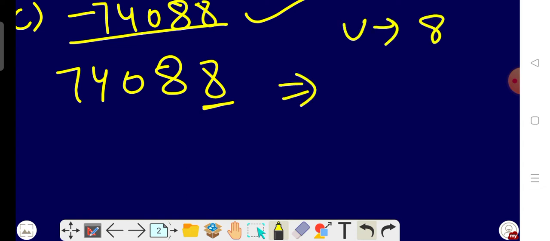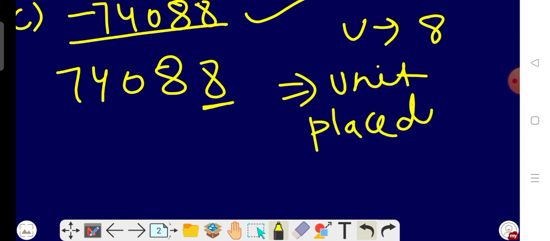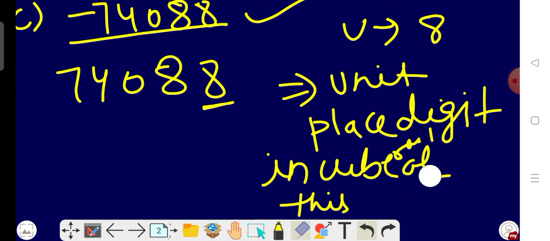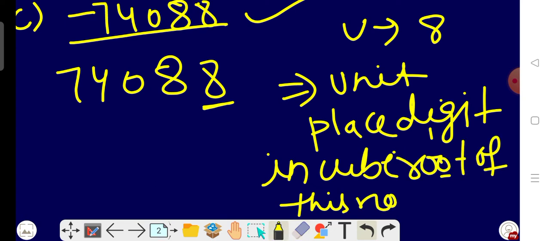This implies that the unit place digit in the cube root of this number is 2.